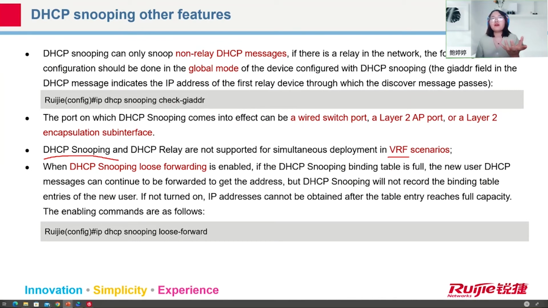So if you enable this loose forwarding function, the rest of the messages, maybe the message from the 501st client, I will directly forward out, although this information is not in the table because the table is full. Otherwise, if you don't enable this function, I will discard. I only forward messages that have an entry. So this function we call DHCP snooping loose forwarding.